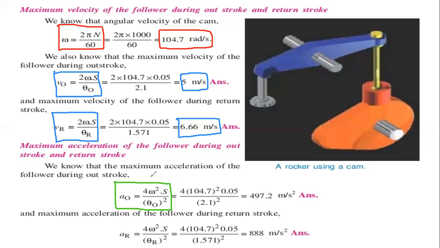For uniform acceleration and retardation, the acceleration for the outstroke is 4 into omega square into s by theta O whole square. By substituting the values, we got 497.2 meters per second square.